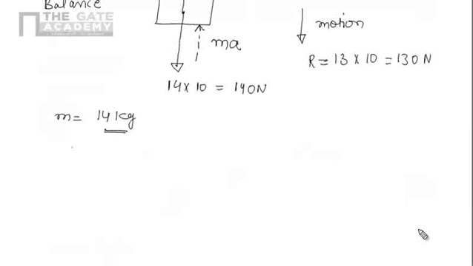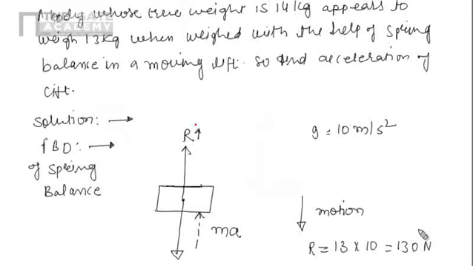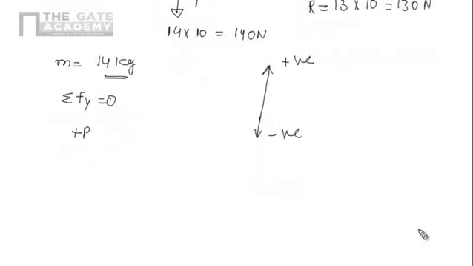Now we can apply the conditions of equilibrium, that is, the algebraic summation of all vertical forces should be 0. According to our sign convention, vertically upward is positive, vertically downward is negative. R is acting in the upward direction, so it's positive. 140 is acting in the downward direction, so it's negative. Again, MA is acting in the upward direction, so positive, equals to 0.